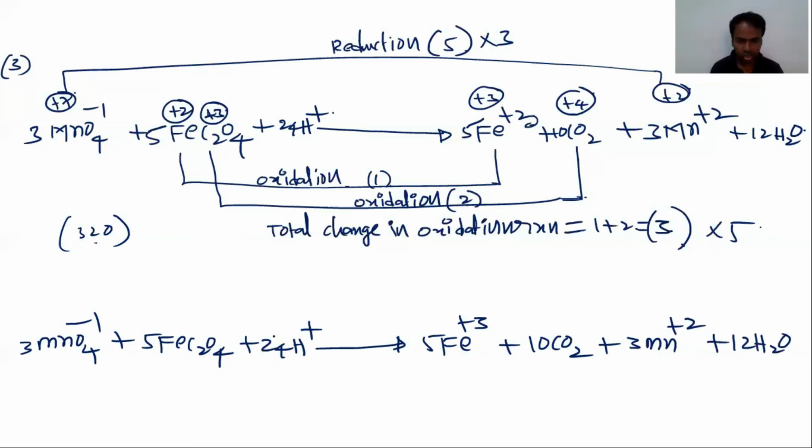Okay, if you want to cross-check whether the equation is balanced or not, just check the charge. Here minus 3 plus 24, so plus 21. On this side the net charge is plus 21: plus 15 and plus 6, which is plus 21. So the equation is balanced.